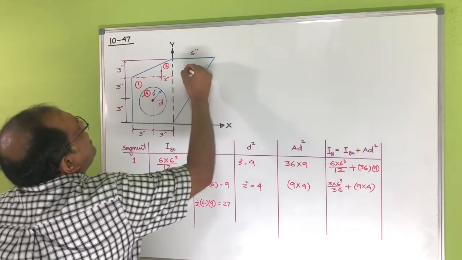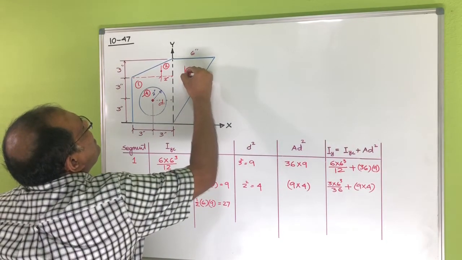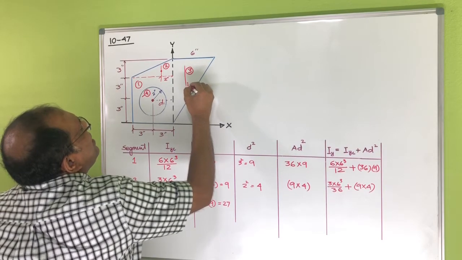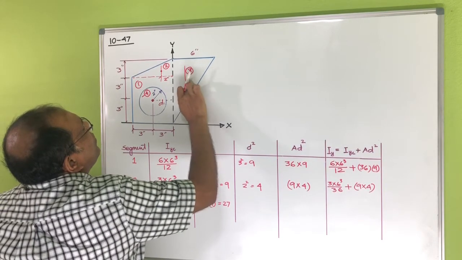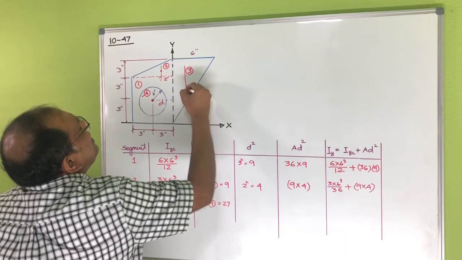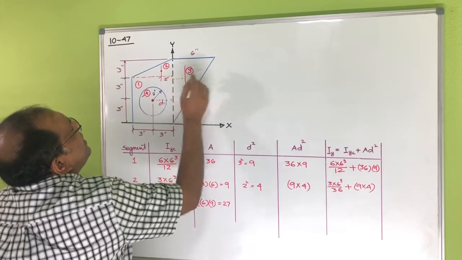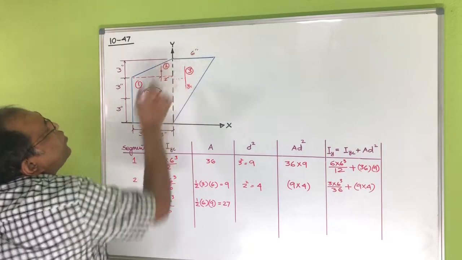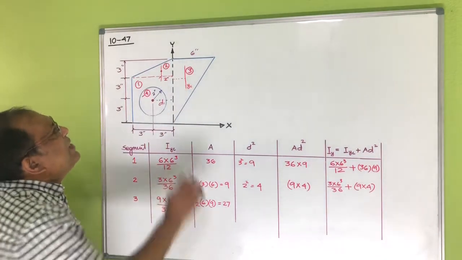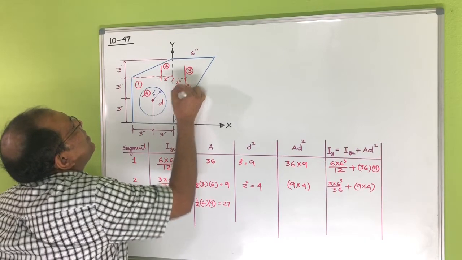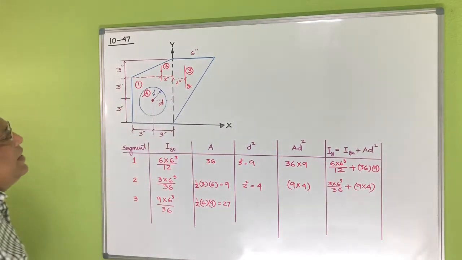The centroidal distance, that's Yc, sorry. So the distance from here to here would be total 6, 2/3 from the base, so that's 2 inch here.